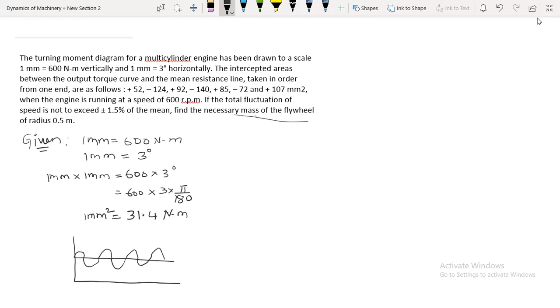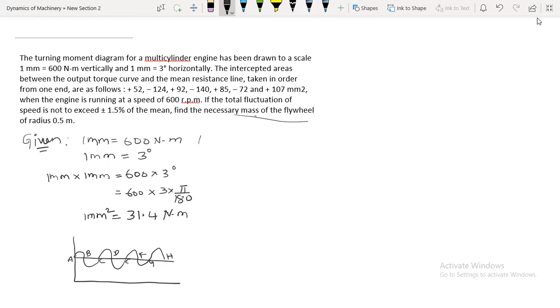This is the turning moment diagram as per this data. Let us say this is A, this point is B, this is C, D, E, F, G, and this one H. Now let us find out what is delta E.